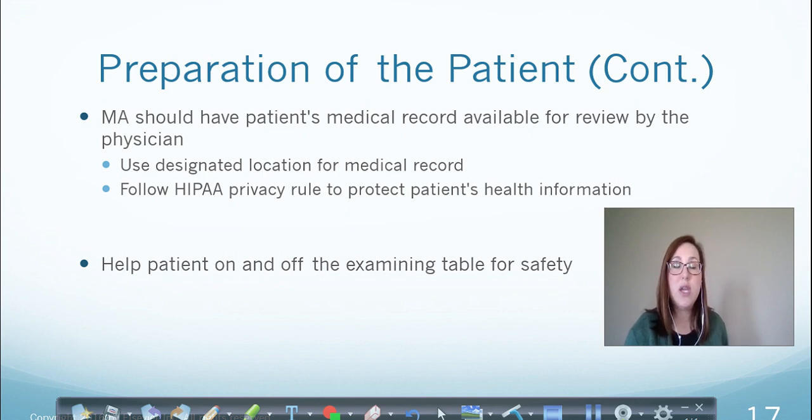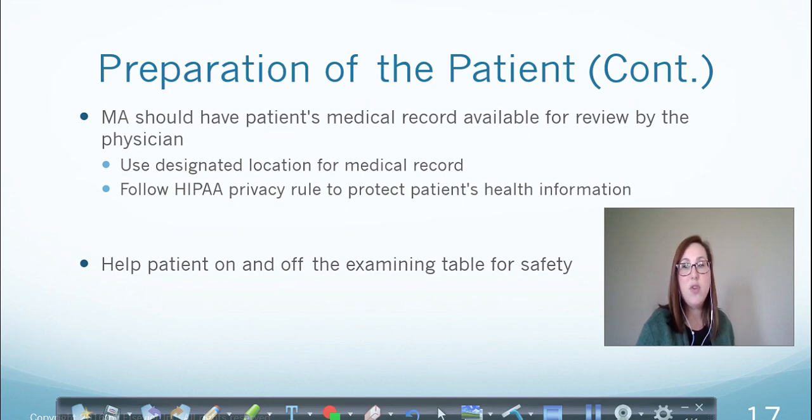It's helpful if you can review their medical record before they're in the room, so that you know what's going on with the patient, what they're being seen for, things. That way you can anticipate what is going to need to be done. There's a designated location, and make sure that you are following HIPAA privacy rules.